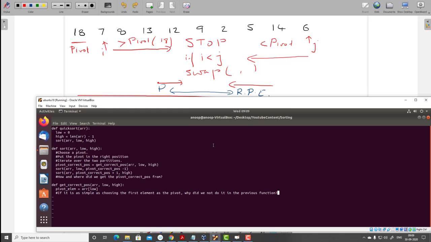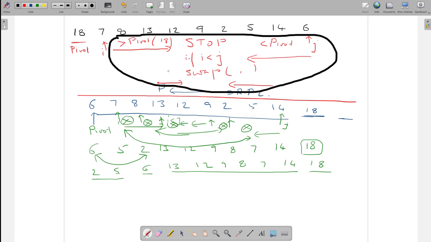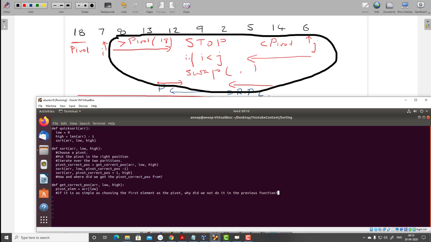And it's a very valid question, except we have to remember that we just do not have to choose the pivot, but we also have to run this algo that we saw. Remember this entire algo that we had, this entire thing which needs to be implemented after we have chosen the pivot. So we have to do that now.